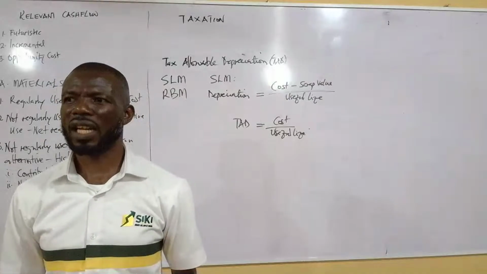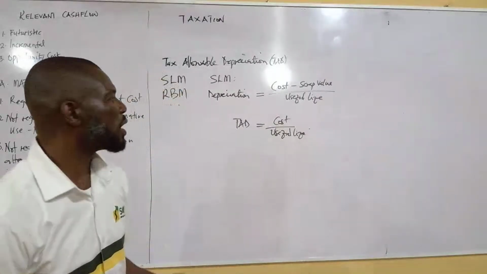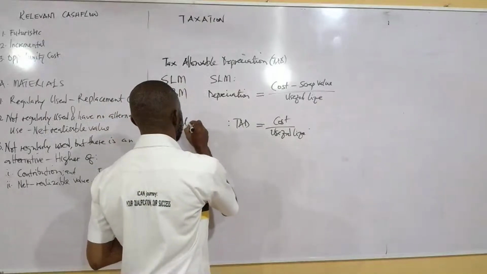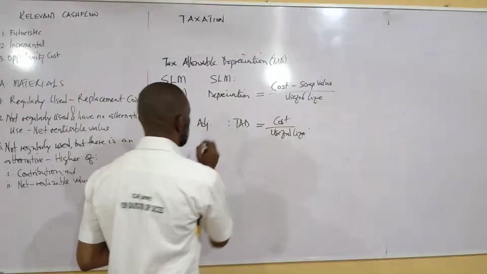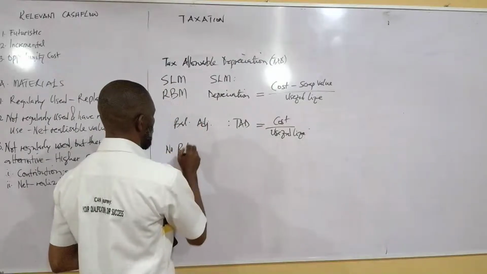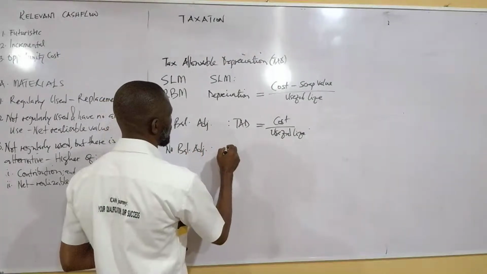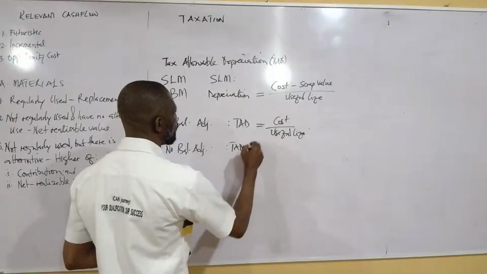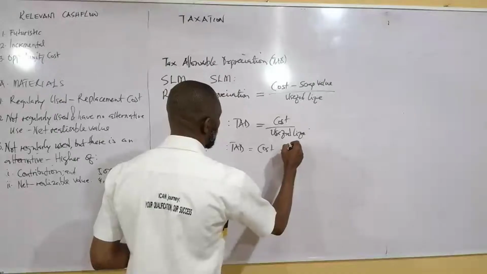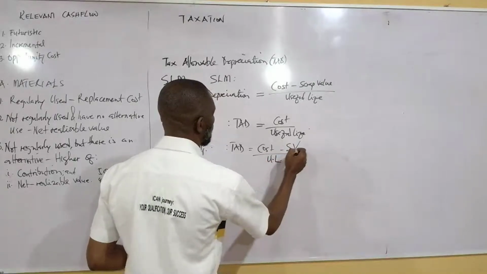You will know when there is balancing adjustment in the equation. I will tell you what to look for. Where there is no balancing adjustment, TAD should be equal to what you know before: cost minus scrap value, all over useful life.